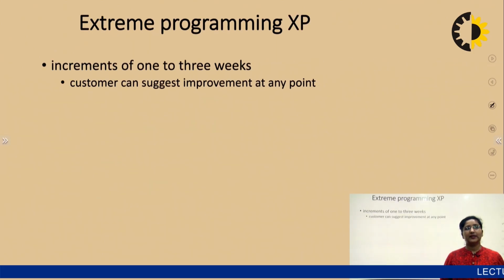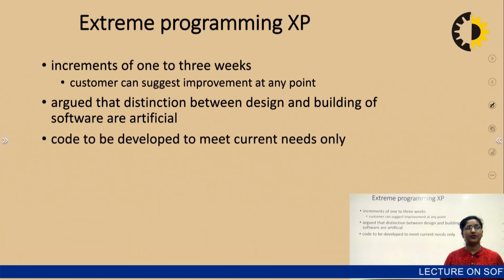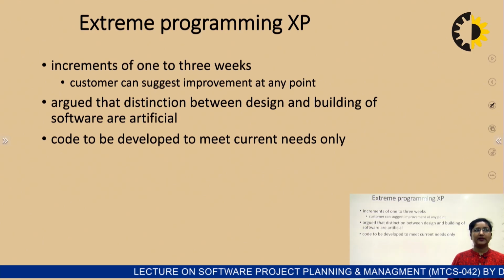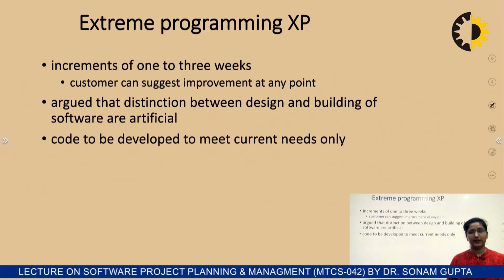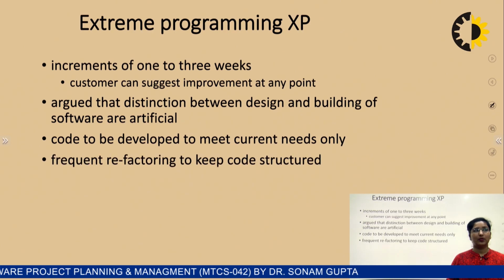Another is the extreme programming case. Increments of 1 to 3 weeks can be done. Customers can suggest improvements at any point of time. It is argued that the distinction between design and building of the software is artificial in nature, and code is to be developed to meet the current requirements only.